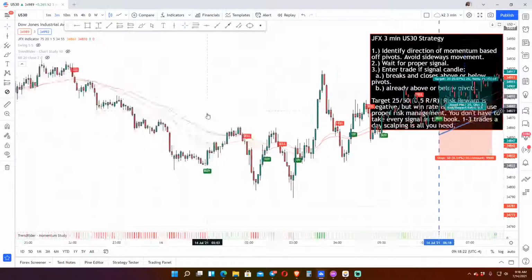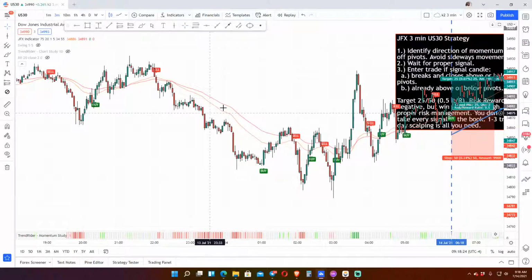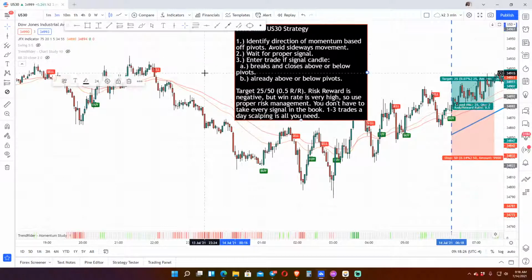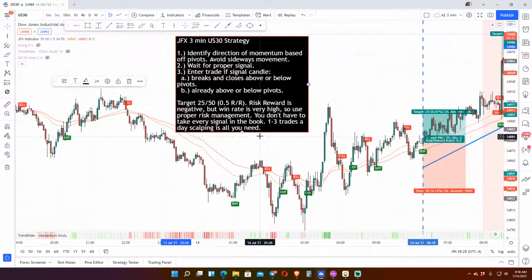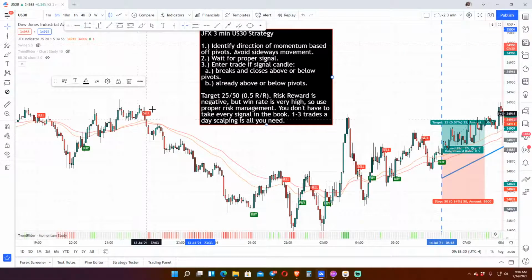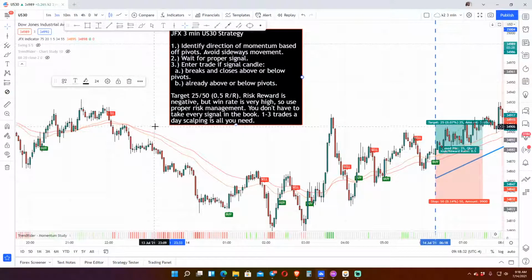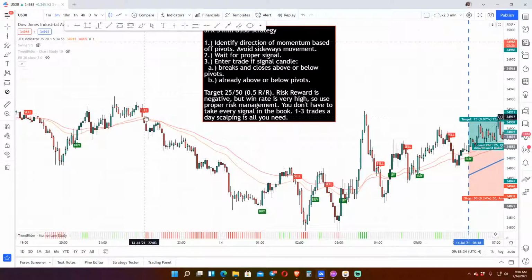So let me show you a sell scenario here. As you can see here, we have the sell signal, and we see that the candle closed below these two pivots. Now basically in this situation here, this would be 3A.